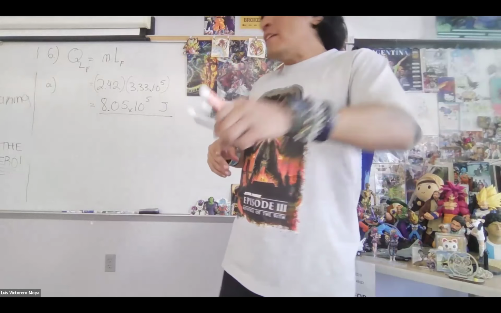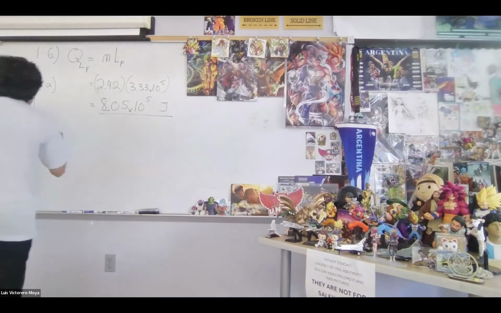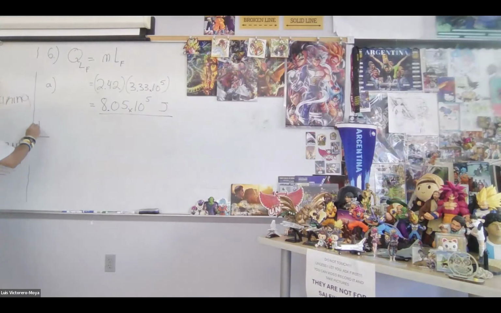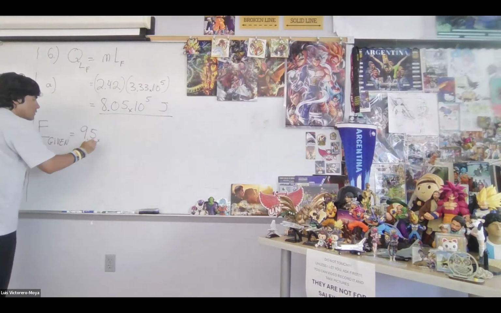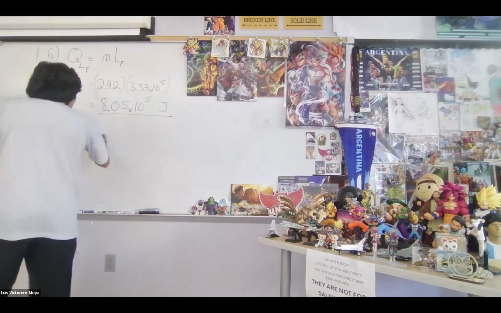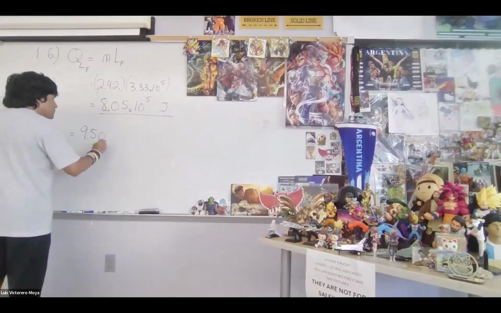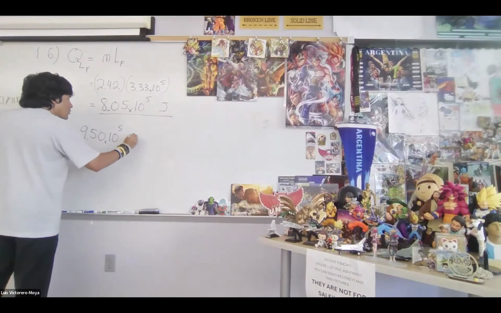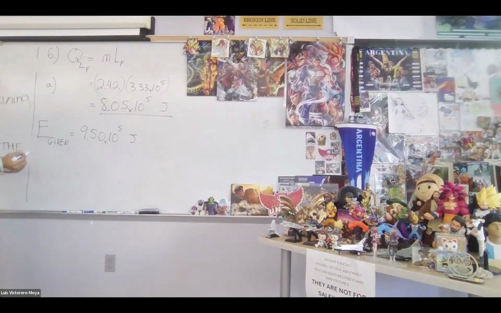And yes, you have an excess of energy because the input, the energy given, let's put it like that, is 9.50 times 10 to the 5 joules. So we're going to subtract.